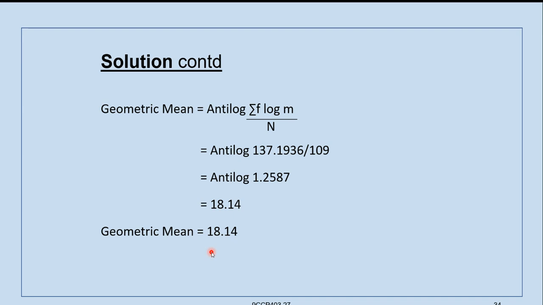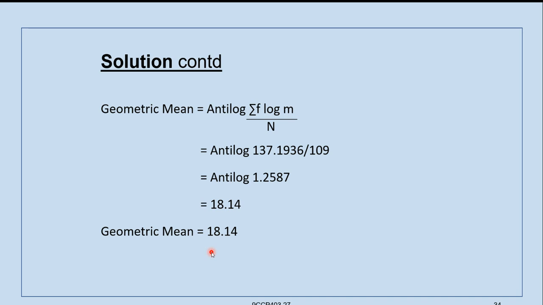Again, I am revising. In individual observations, we have only one column, that is x. So log x is calculated and added, and then the geometric mean is calculated by taking the formula sigma log x by n. In discrete series, we have frequency. So first of all, we take the log of the series, that is log x. Then we multiply the log x with frequency, that is f log x.